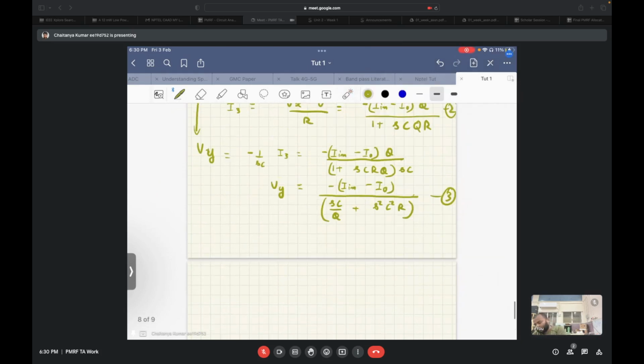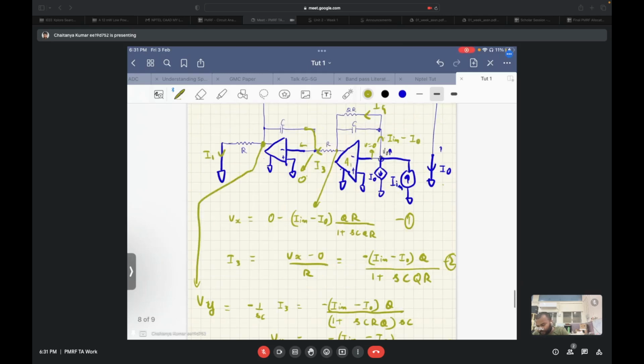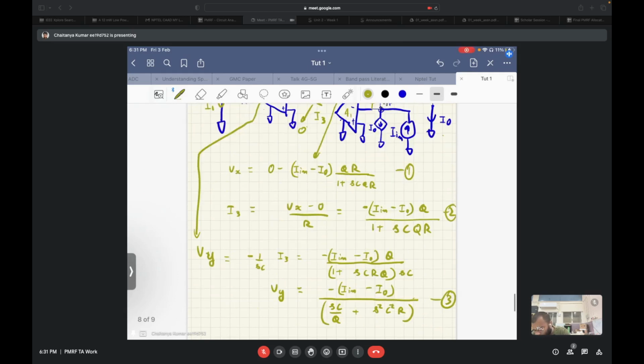So I1 is equal to I0, which is equal to minus Vy by R, and Vy by R is nothing but, just a minute.